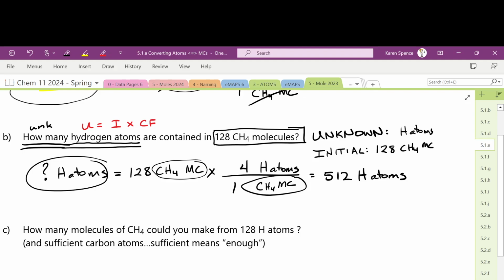You need to show your work like that, because pretty soon you're going to follow the chain. This is one step of a multi-step problem. Okay, the unknown is equal to initial times your vertical.